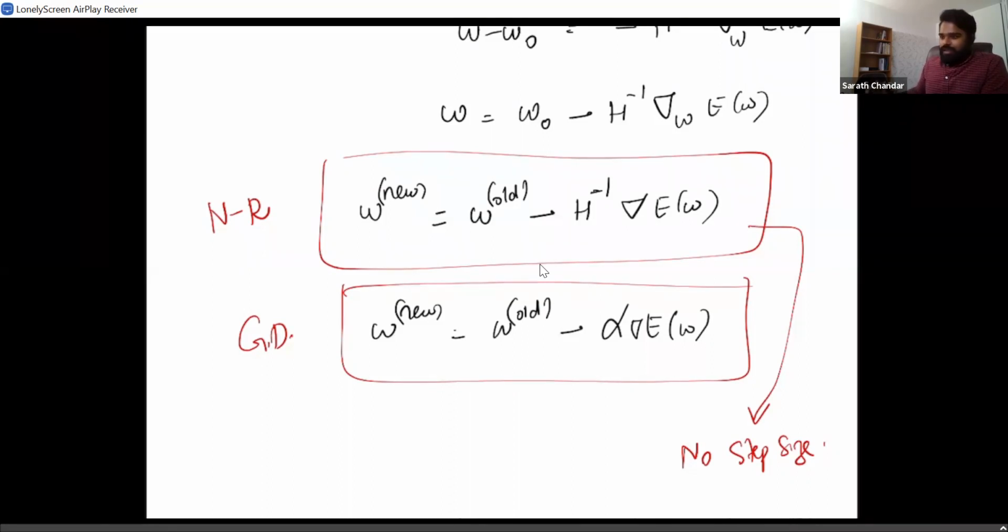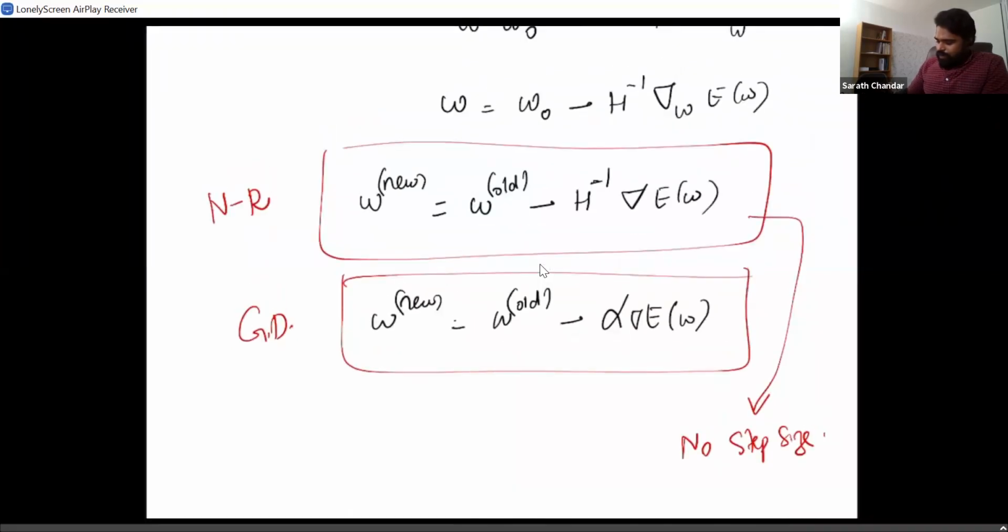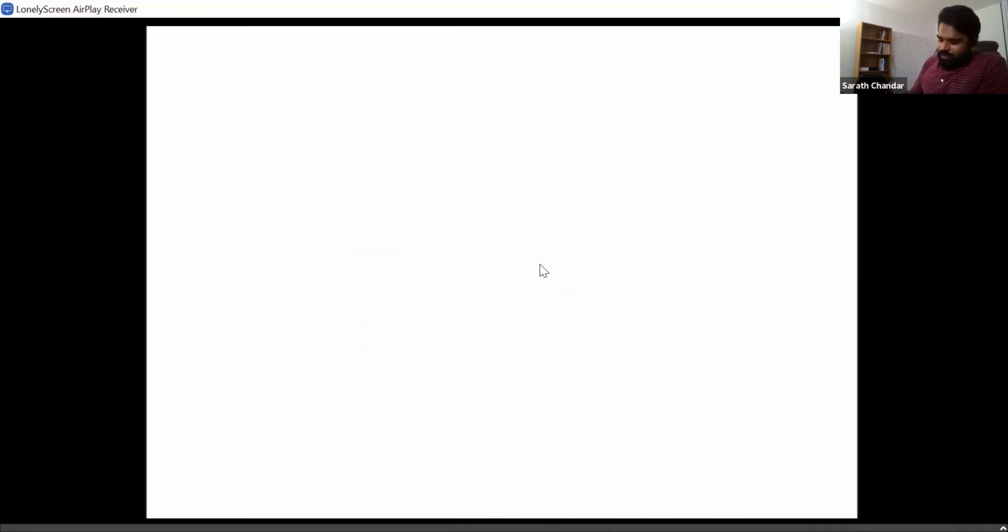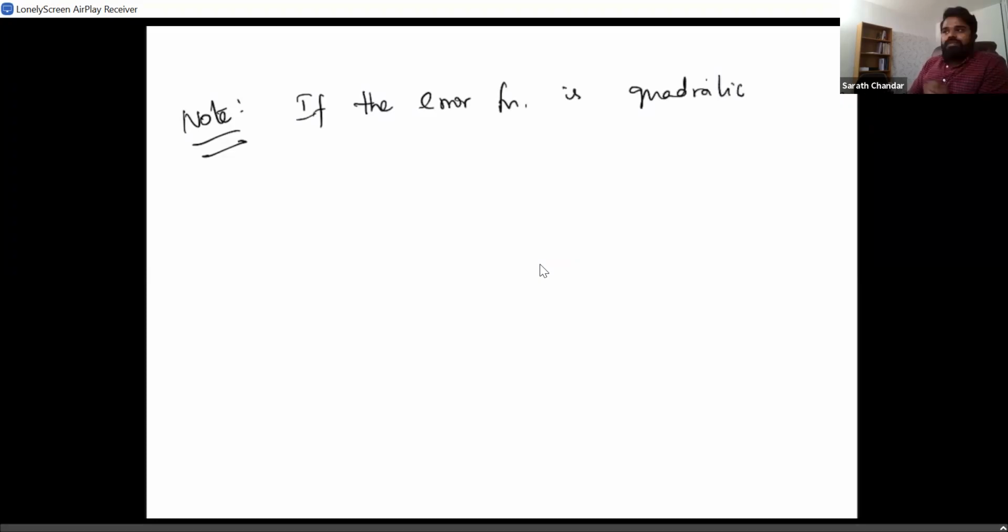Before we discuss further, a quick note. If my error function is quadratic, then the Taylor series expansion is not an approximation.